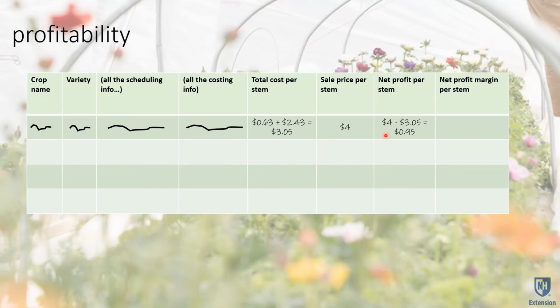And then net profit margin, this is sort of a measure of how much profit we can get out of that sale price. This is the net profit divided by the sale price. And we see for this particular crop, it's 23.7%. That's a pretty good place to be on net margin.